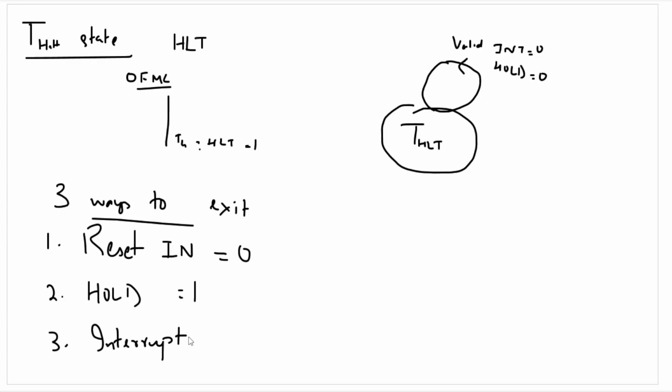So if your interrupts were previously enabled, the INT flip-flop was set to 1 by any interrupt, and the INTA flip-flop is set to 1, that means your microprocessor will exit the T halt state.